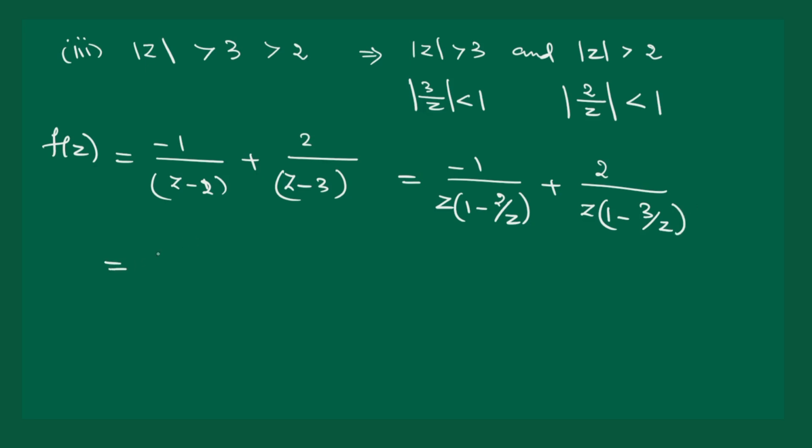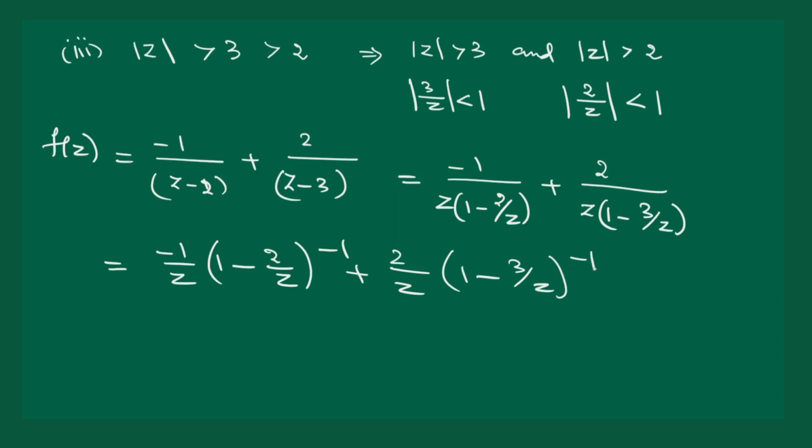Now we can easily apply the binomial expansion. Is it clear? So here it is 3 by z, so we have brought it in terms of 3 by z. Here it is 2 by z. Now without any doubt we can use binomial expansion.